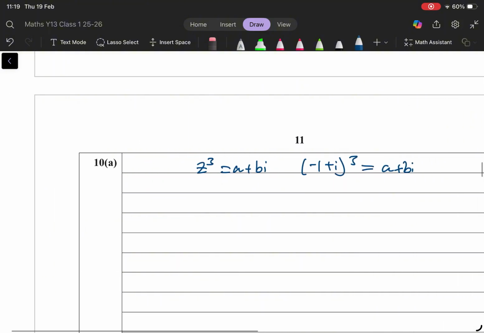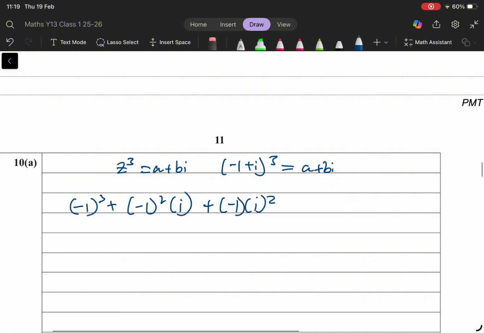And so then we can use the binomial expansion, so minus 1 cubed plus minus 1 squared i, and then plus minus 1 i squared, then plus i cubed. Oh wait, I forgot my Pascal's triangle, almost there.